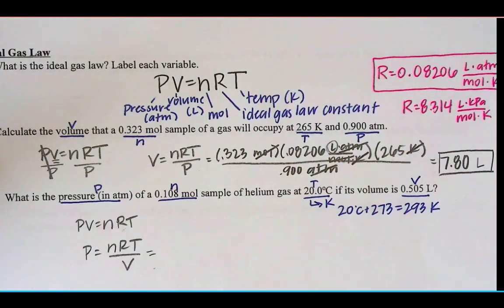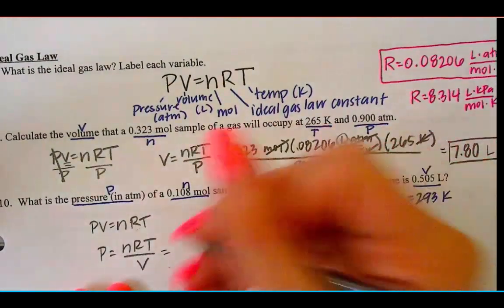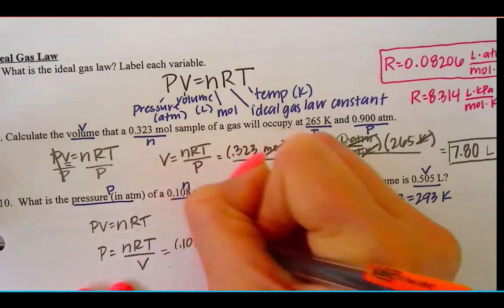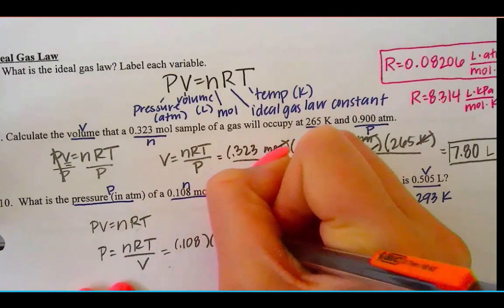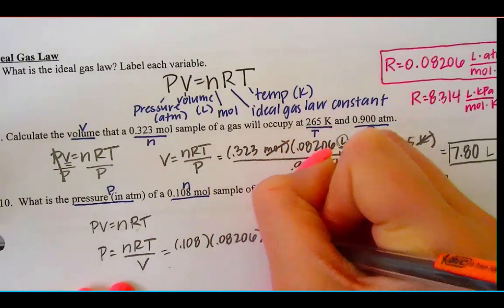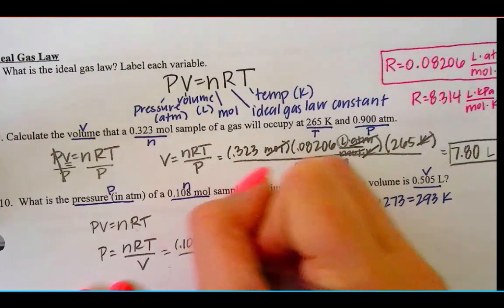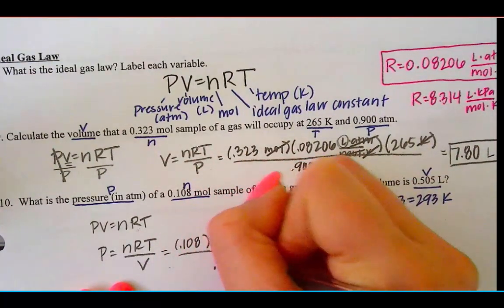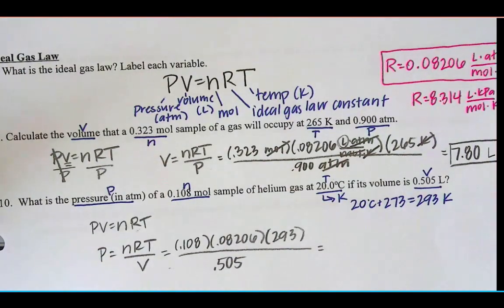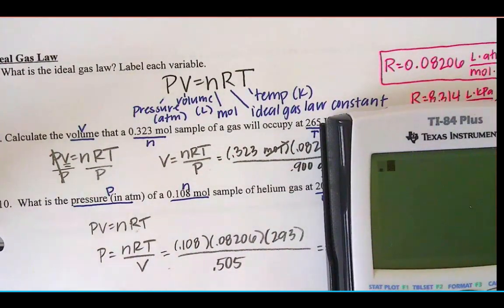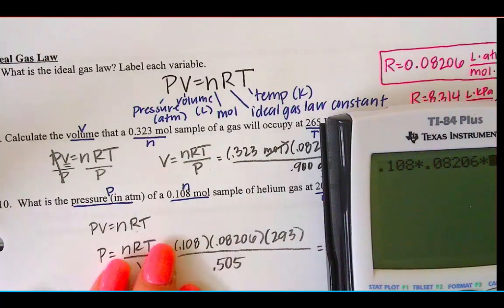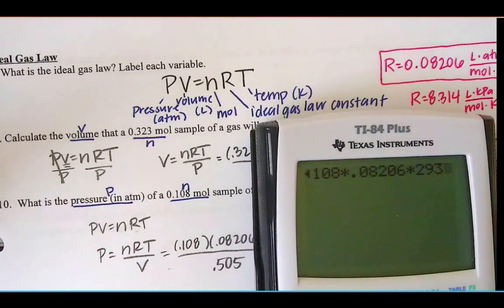And then to get pressure by itself, it's nRT over V, divided by 0.505.